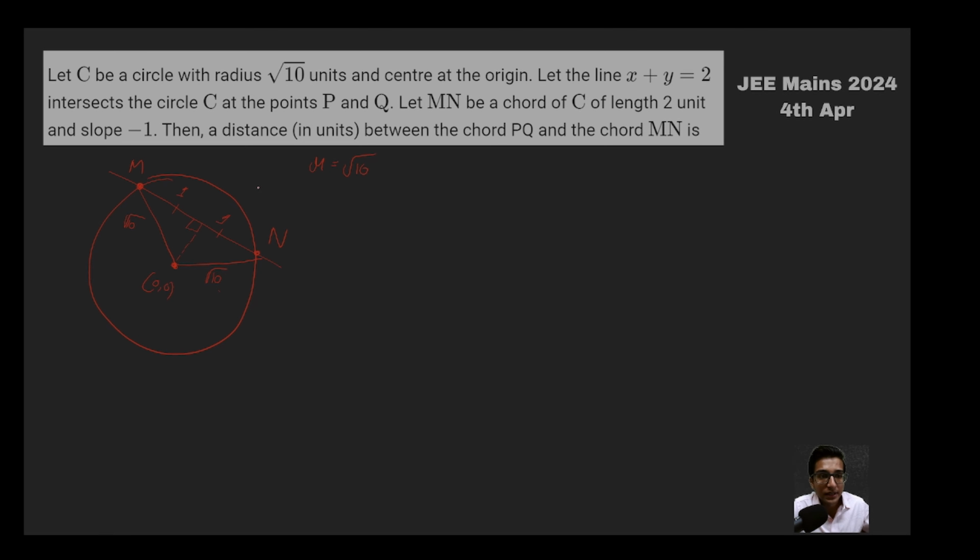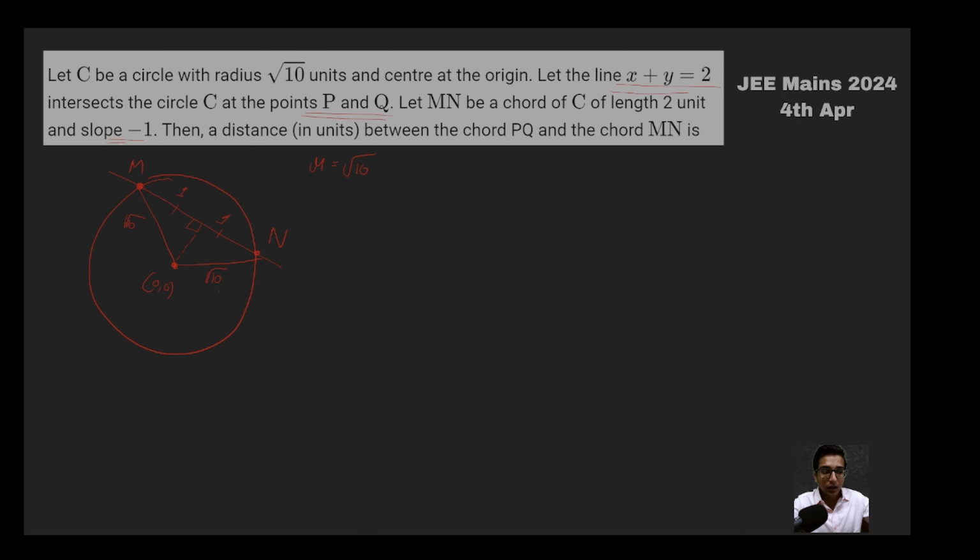Now what have they told us? That we have to find the distance between another line, which is also a chord of this circle. Now what can we understand about this chord? They've given us the equation x plus y equals 2. Now first of all, we do not know what type of chord our MN is. We do not know any information about it. We only know that its slope is -1.